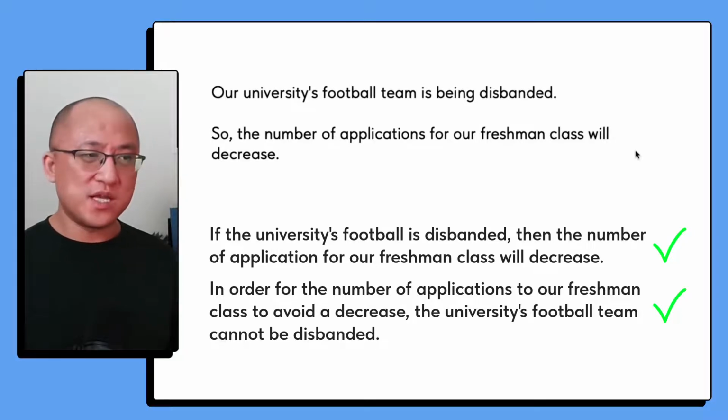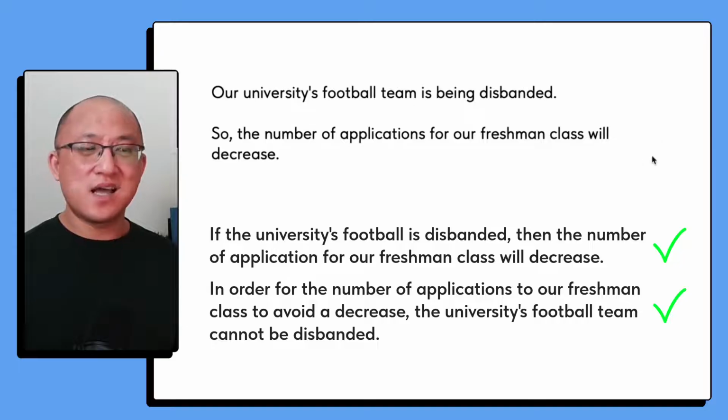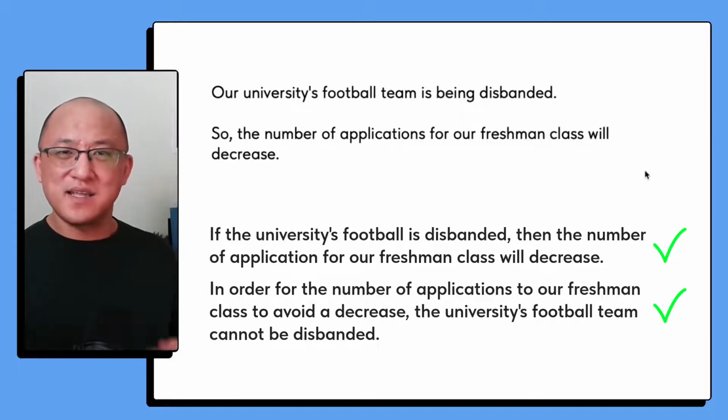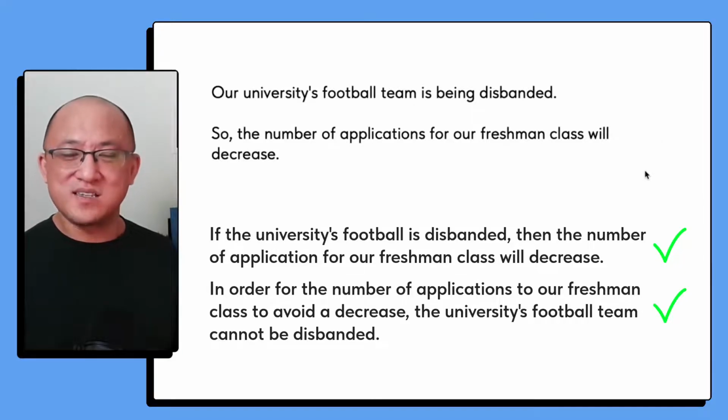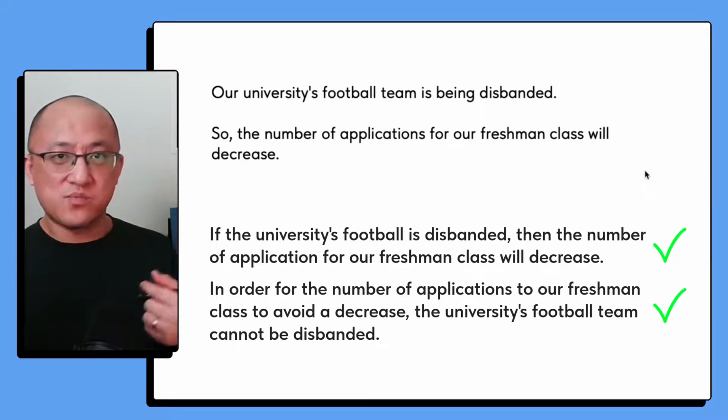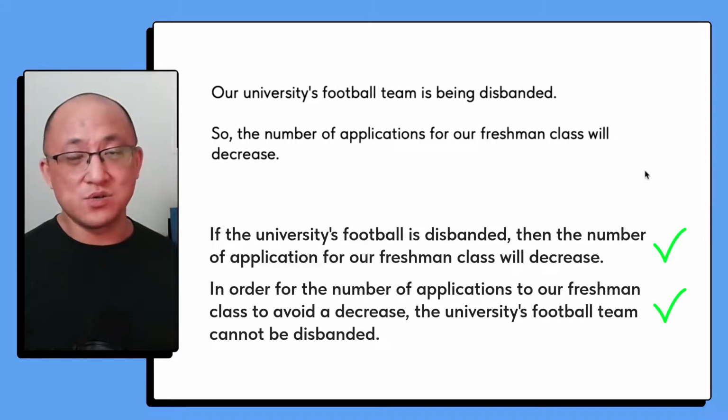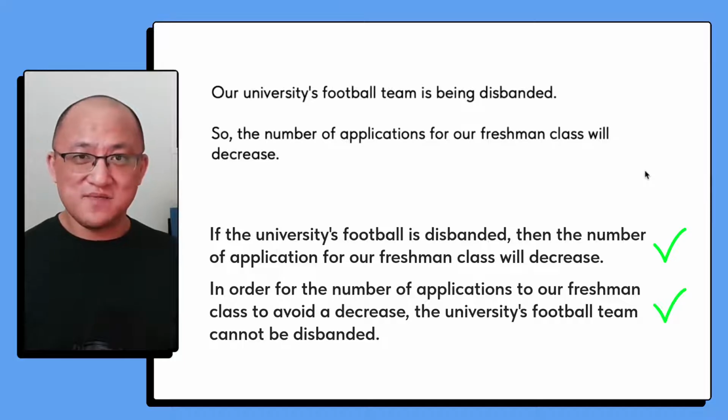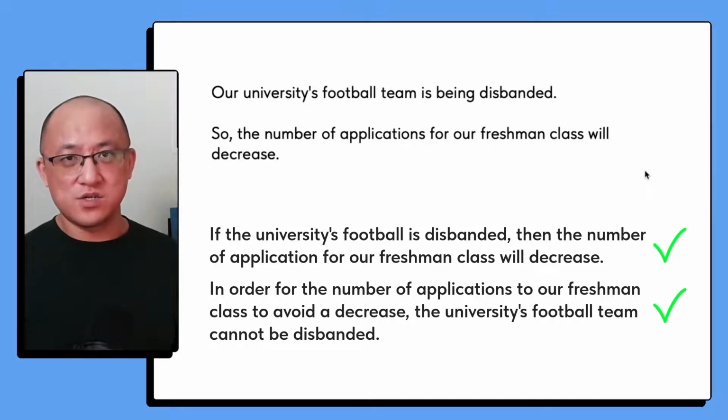So I just want to make sure that you're aware that there is this kind of argument structure out there. It's not like you're always trying to connect individual pieces of a premise to an individual piece of a conclusion. Sometimes you're just trying to connect the entire premise to the entire conclusion.